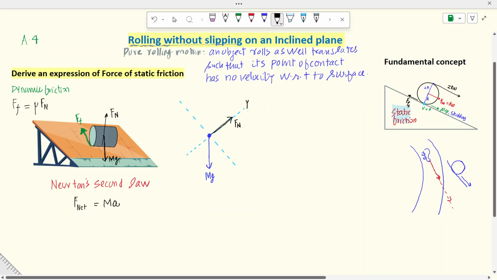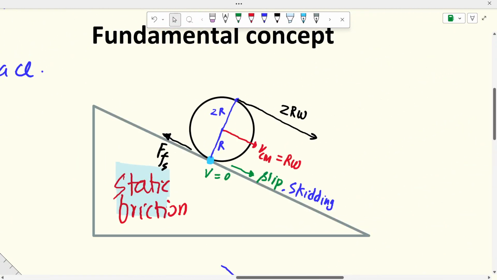Now the force of friction is applied in the negative x direction, as I'm going to show you. The force of friction is the necessary force which is producing torque. The other two forces are not producing torque, because just imagine in this diagram, if this is your pivot point.